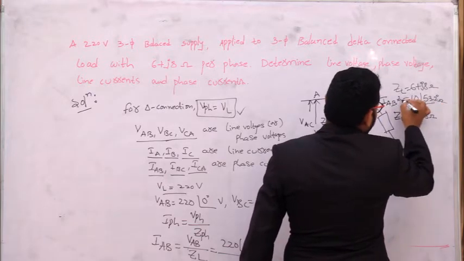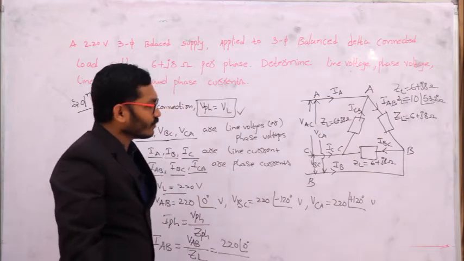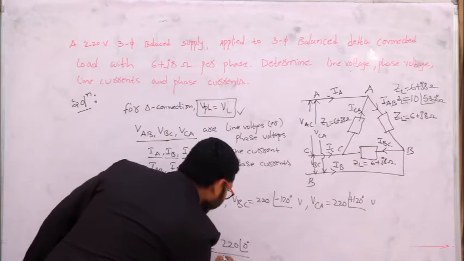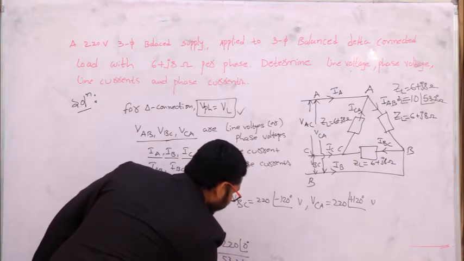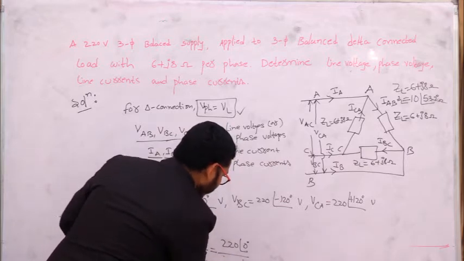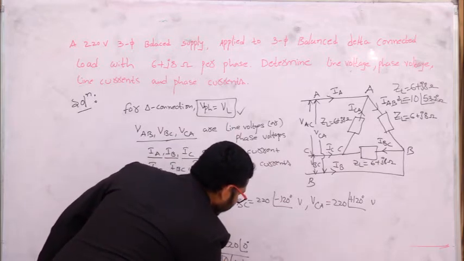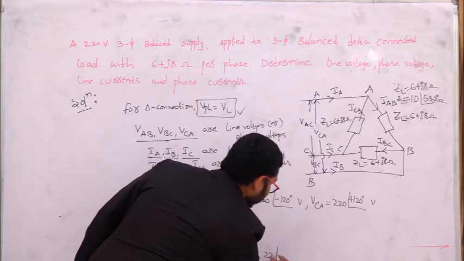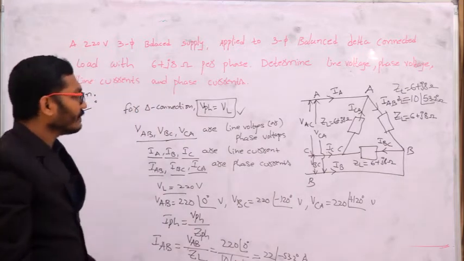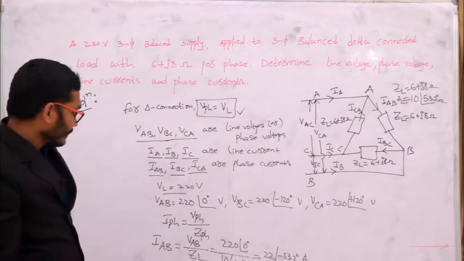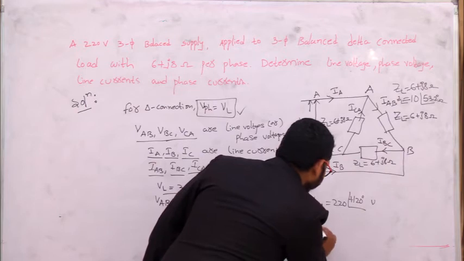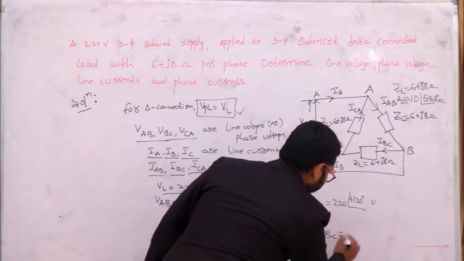So you can write IAB as 220 at an angle minus 53.2 degrees divided by 10, and this is the current flowing through the AB phase. Now we have to find the current flowing through IBC. Similarly, you can find IBC and ICA.